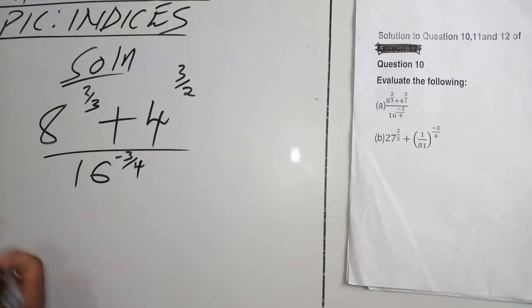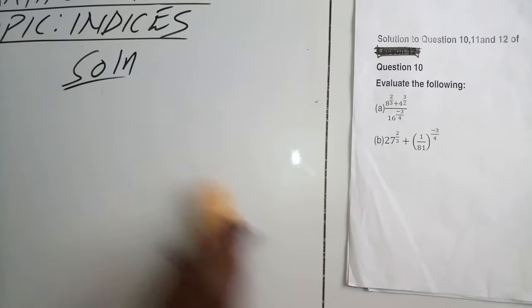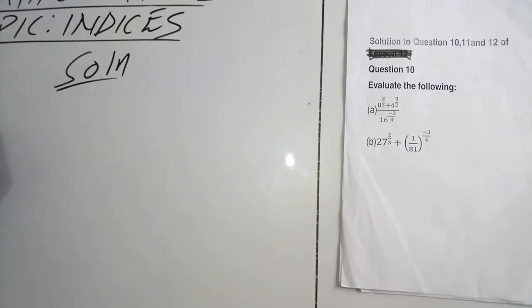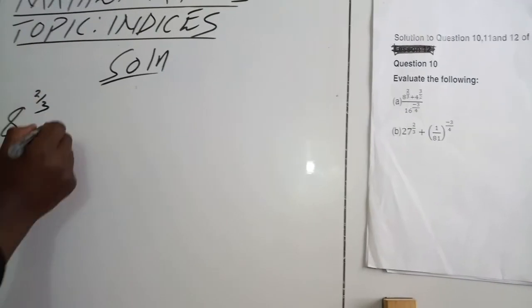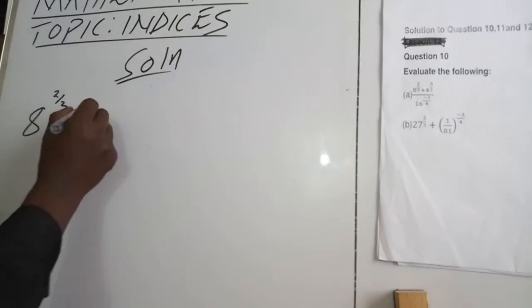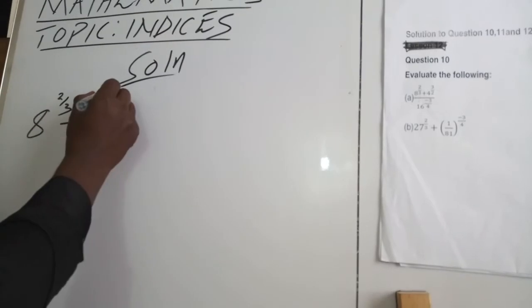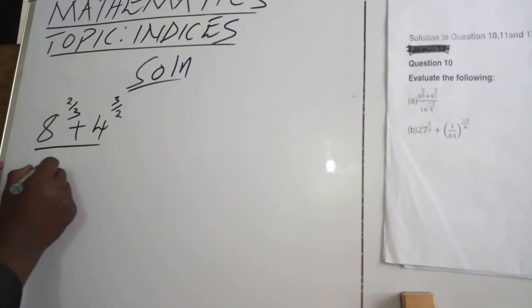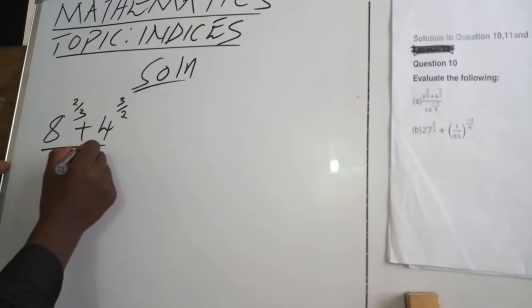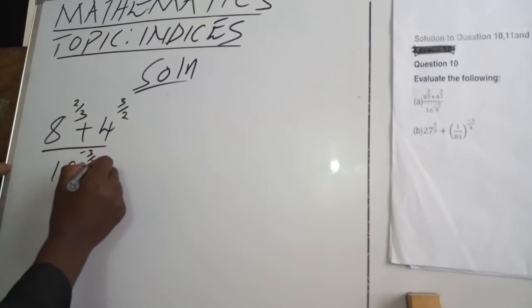Let me just have the question written on this side for us to have enough space for the workout. So we have what? 8 power 2 over 3 plus 4 power 3 over 2 over 16 power negative 3 over 4.